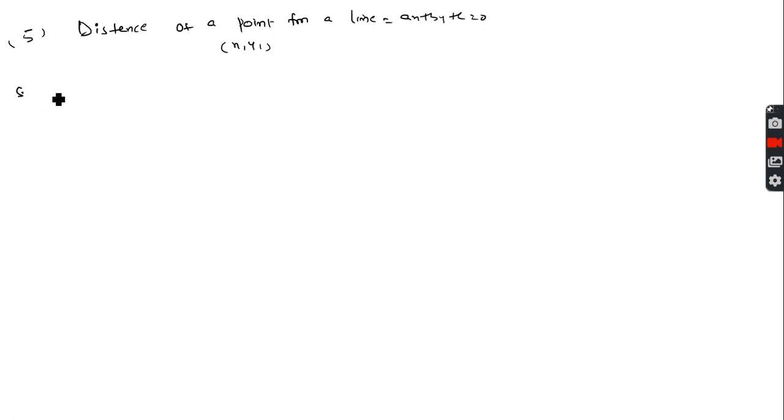So what is the distance? We just substitute x equal to x1, y equal to y1: the distance is (ax1 plus by1 plus c) by root of a square plus b square.